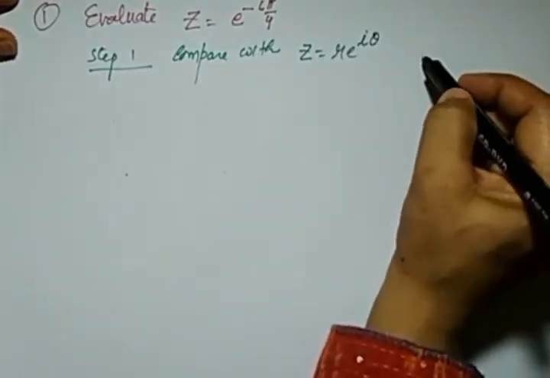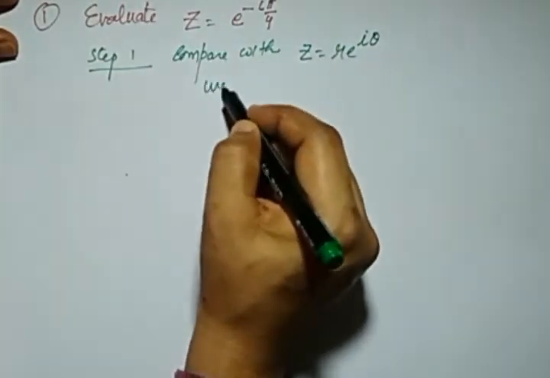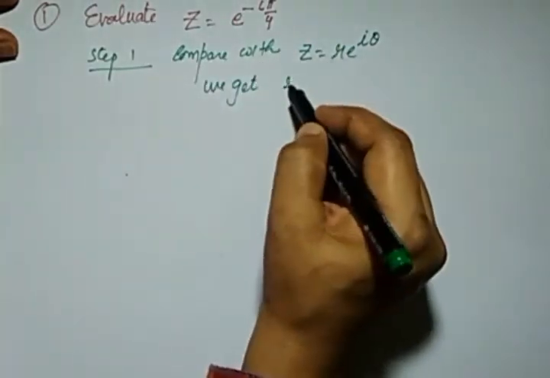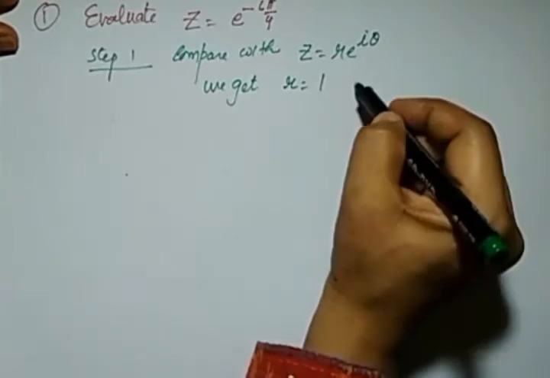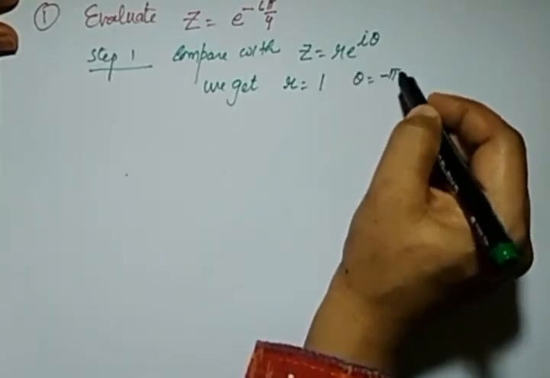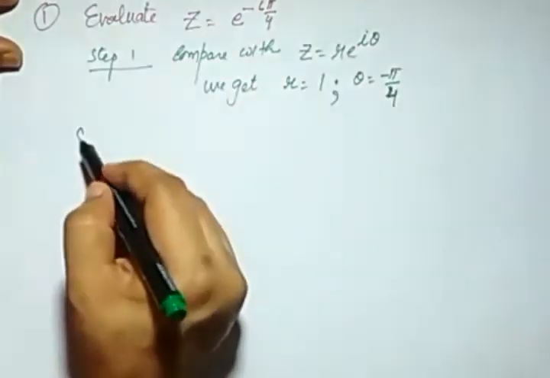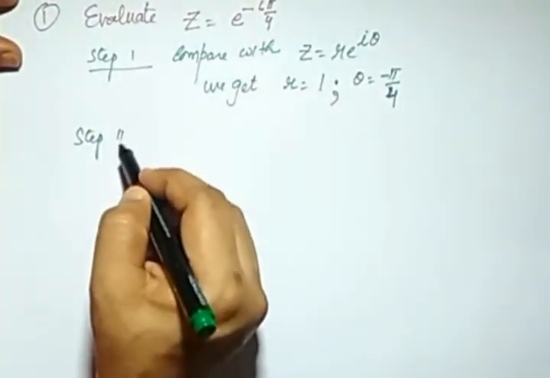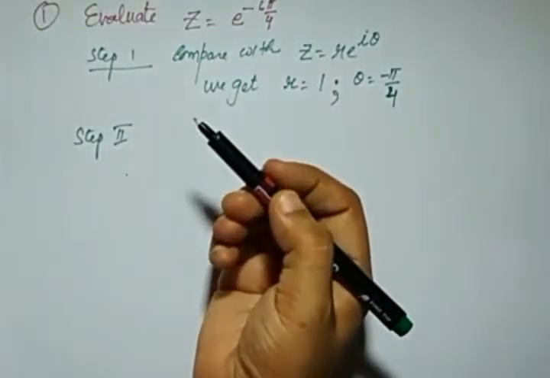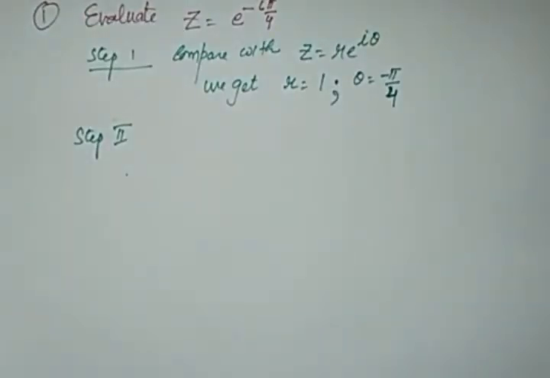So what we are getting? We get r is 1 and theta, our argument, is minus pi by 4. So step 2, because you want to evaluate, we know the values of cos pi by 4, sin pi by 4. These values are known to us.